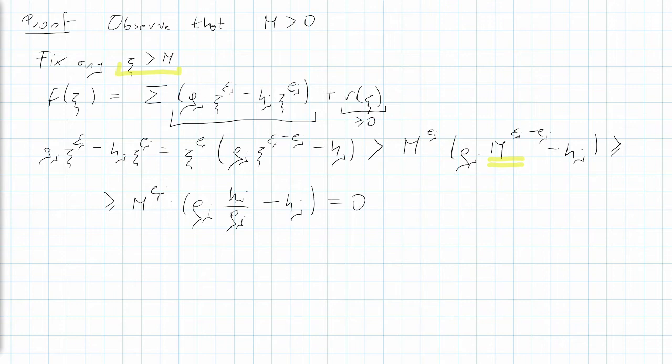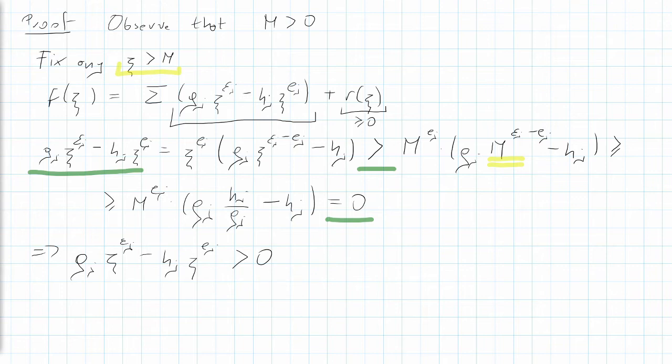So if we now look at the left hand side and the right hand side, we have strict inequality, and we have 0. So this says that gj xi^εj minus hj xi^ej is strictly greater than 0, but this means that f of xi cannot be 0.